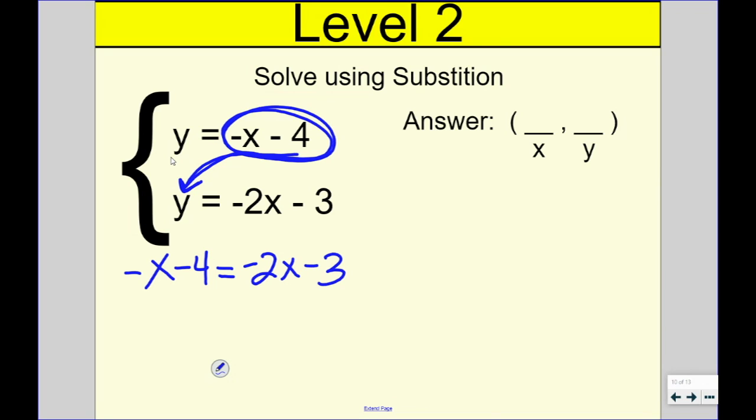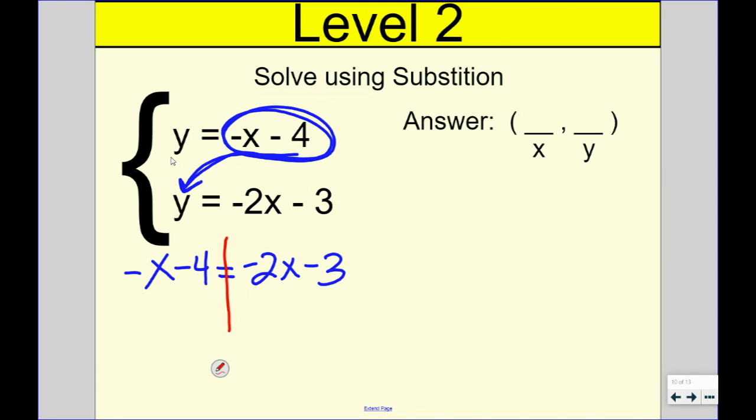Now I'm down to an equation where I only have x's, but I do have x's on both sides. So here's where we're using what we were learning in Unit 2 and solving equations. We have x's on both sides. We can't quite do the chore chart yet because we need to get our variables on the same side.